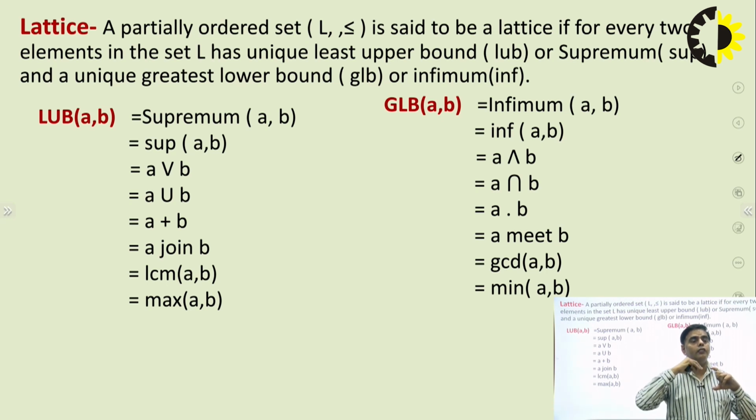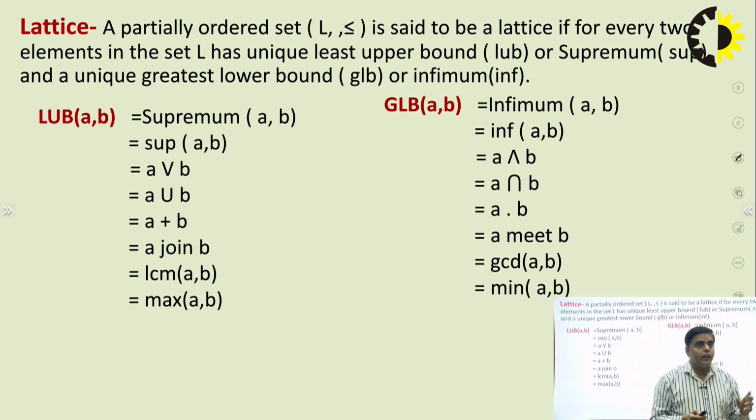If an element is written at a lower level, then the upper element will be called the upper element of this particular structure. In a Hasse diagram we can compare two elements, and the level of these two elements will always be different, one at the lower level and one at the upper level.